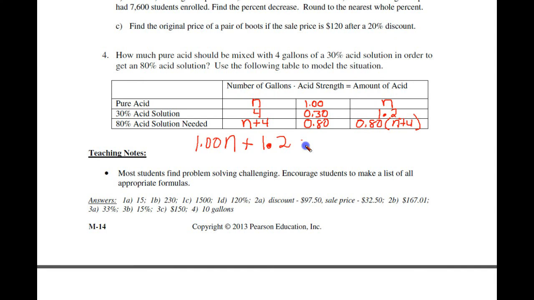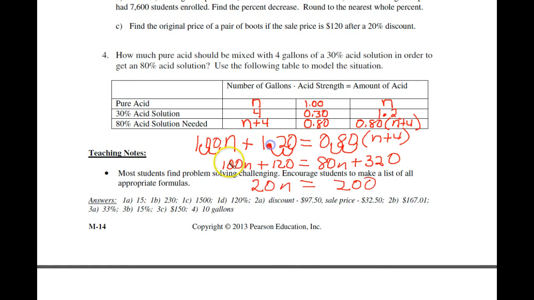Going to subtract this from there, get this, just transposing. Going to divide both sides by 20. I get 2 goes into 20 10 times. We need 10 gallons.